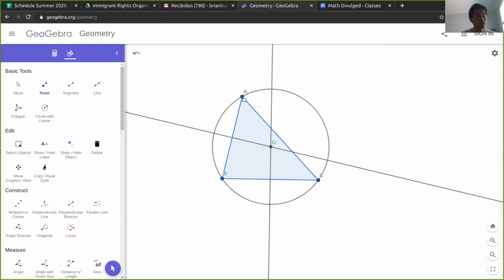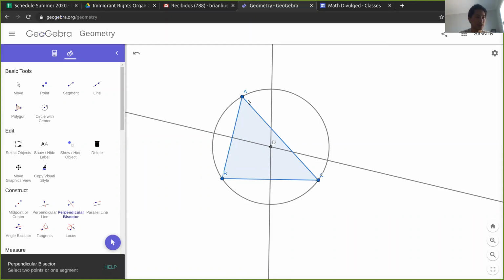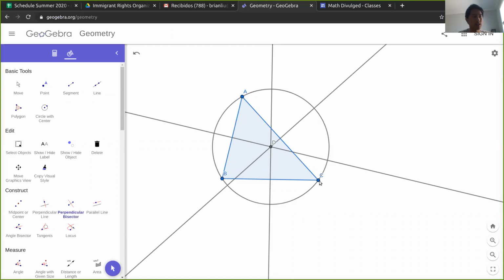And since it's equidistant from A and C, it's also on the perpendicular bisector of AC. So the thing about the perpendicular bisector is that a point is on the perpendicular bisector if and only if it is equidistant from the two points that define the perpendicular bisector.